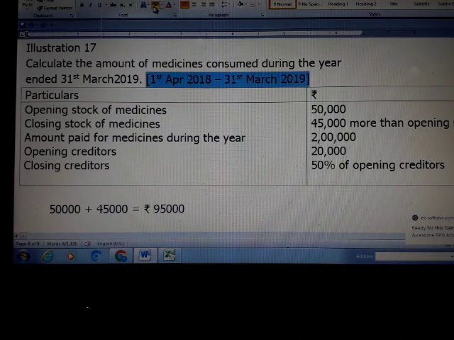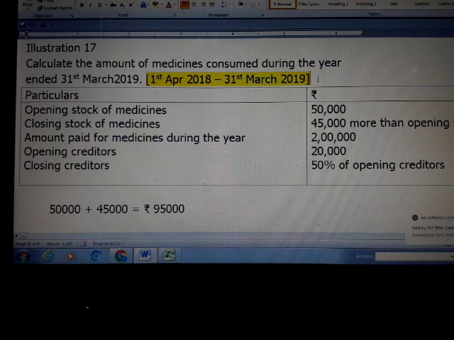our respective account. So which account? Medicine account. You have been given the opening stock of medicine, closing stock of medicines, amount paid for the medicine during the year, and opening creditors as well as closing creditors.